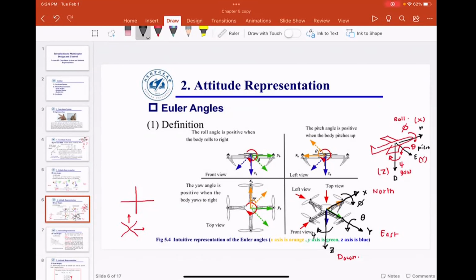By adjusting the rotation rate of the motor, you adjust the thrust. And depending upon the differential thrust, you would have either rolling or pitching. So roll and pitch, for the plus configuration, are controlled by adjusting the speed of the motors.